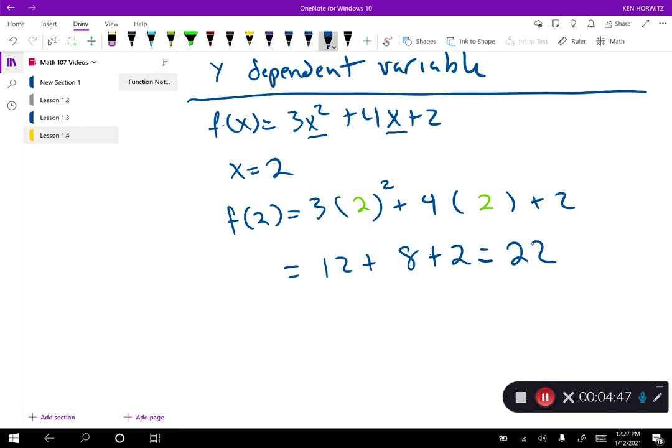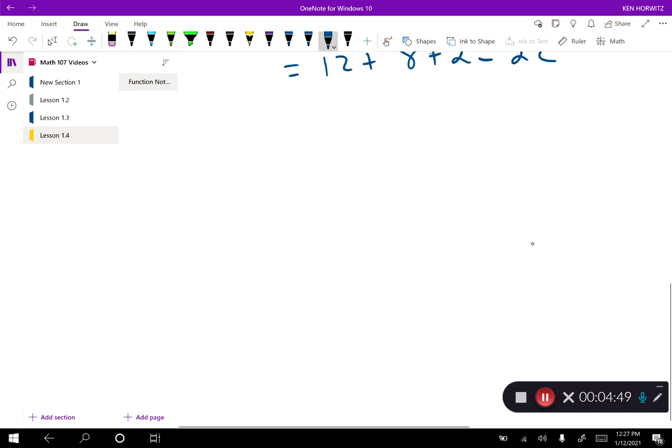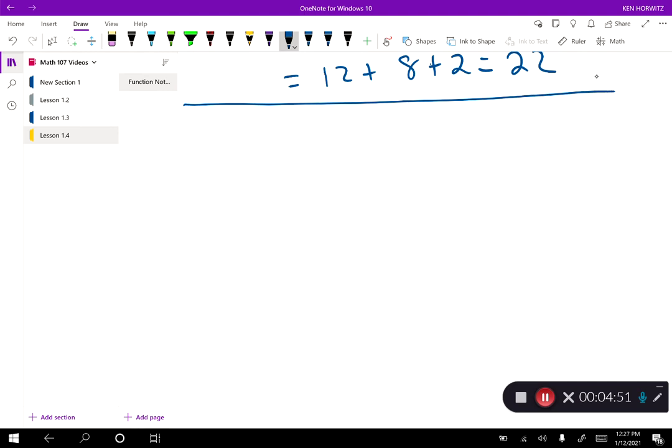So let's try another example. What if I said f of x equals negative x squared plus 3, and I want to know what f of x is when x equals -1? So really what I want to know is, what is f of -1?